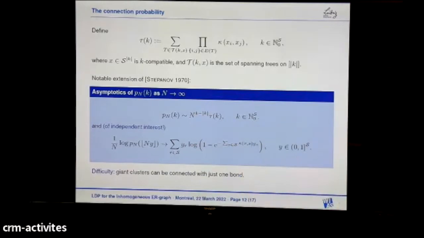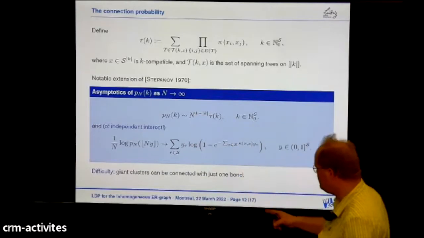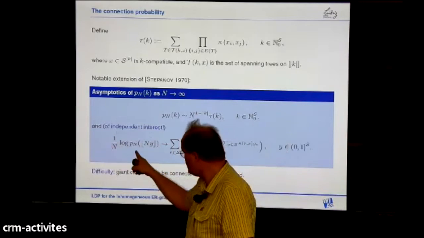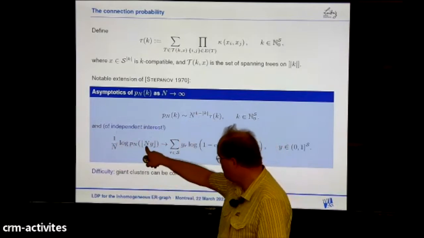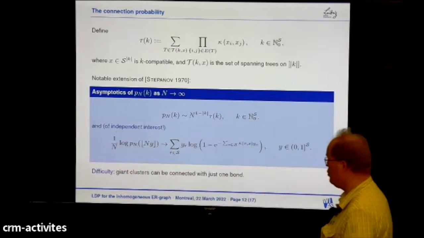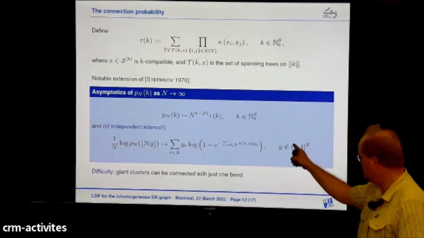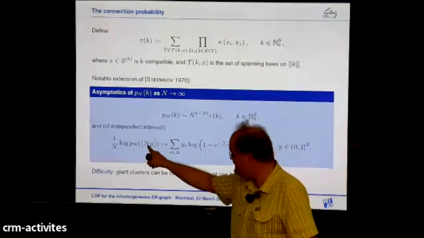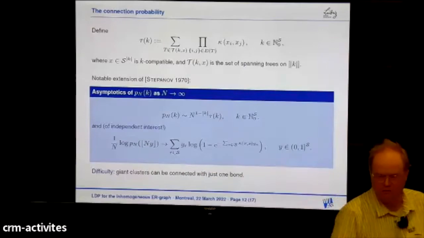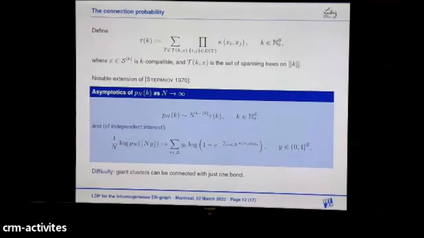Easy to understand. And I think of independent interest is the large deviation statement for the connectivity probability for macroscopic components. So y is itself a multi-index, and you take now n times y, because this means you take a macro component with a specific number of particles of given types.